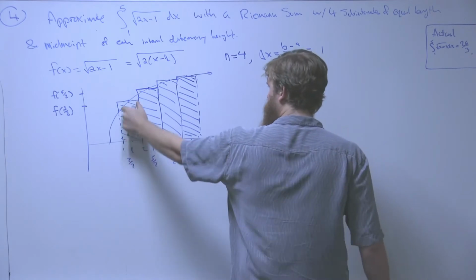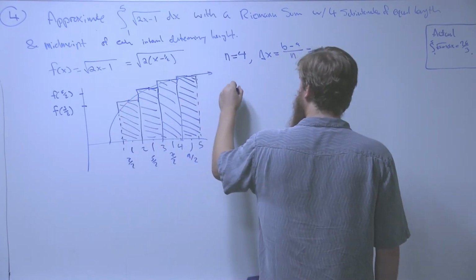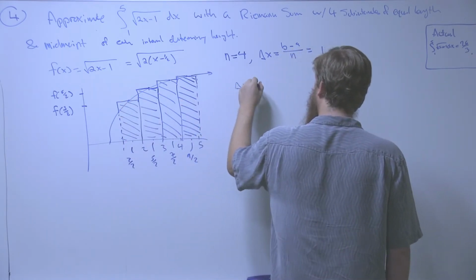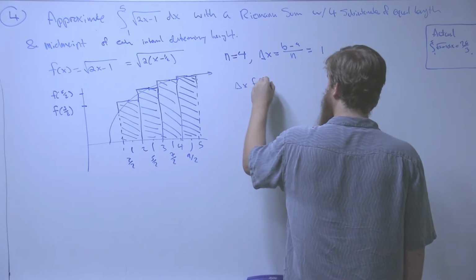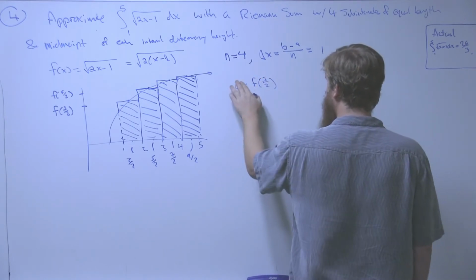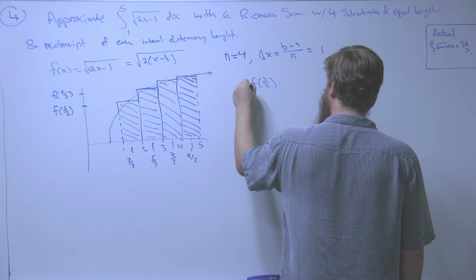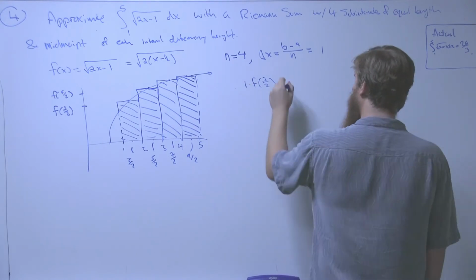So the area of this first rectangle is delta x times f of 3/2. Now we know delta x is 1. I'll write a 1 there to emphasize that it's there.